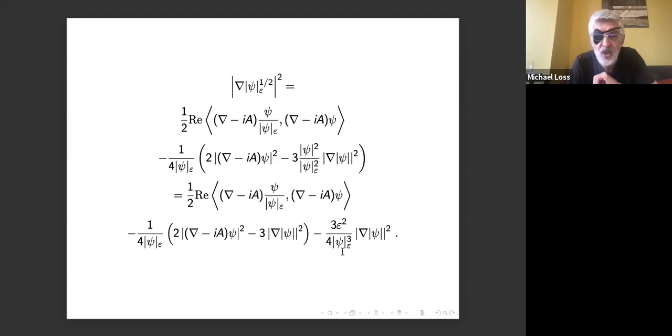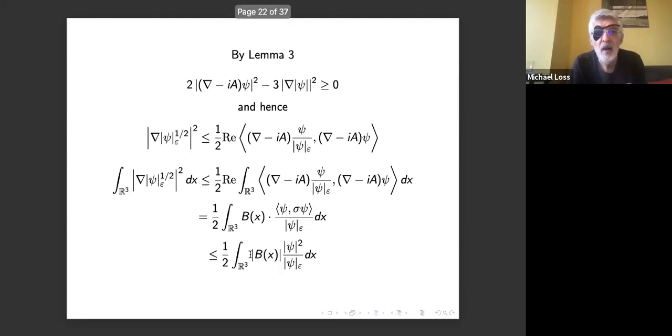And then you have some adjunct term, which is proportional to epsilon squared. But you understand at the end, you let epsilon go to 0, so this will disappear. But notice you get this term, and this term we know is positive. And therefore we have an estimate, namely the gradient of this 1/2 power squared is less than this right-hand side. It's very simple.